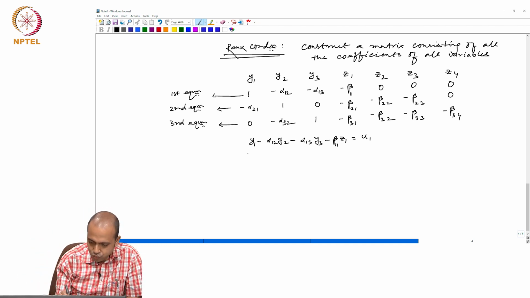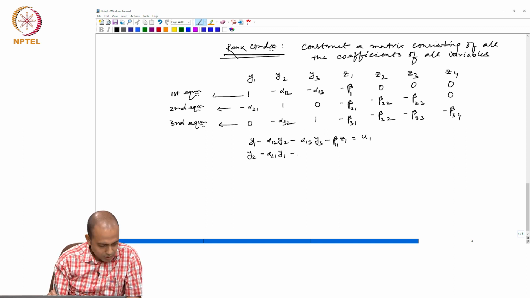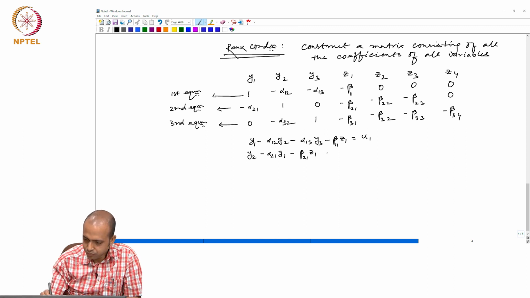Similarly, y2 minus alpha 2 1 y1 minus beta 2 1 z1 minus beta 2 2 z2 minus beta 2 3 z3 equals u2.